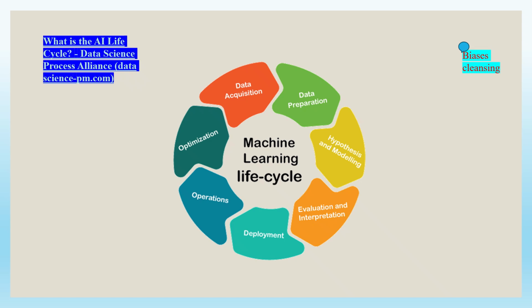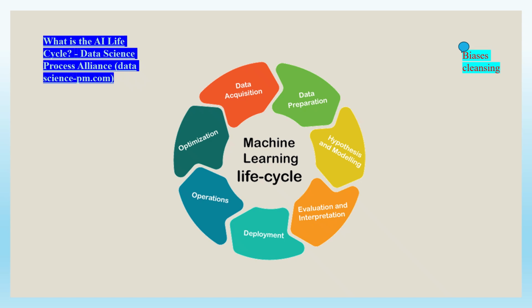What's the life cycle? It's the cycle that a data scientist goes through every time he or she develops that kind of training with a specific AI, regardless of whether it's ChatGPT, an autonomous car, or natural language processing, whatever the function, it goes through this type of life cycle.